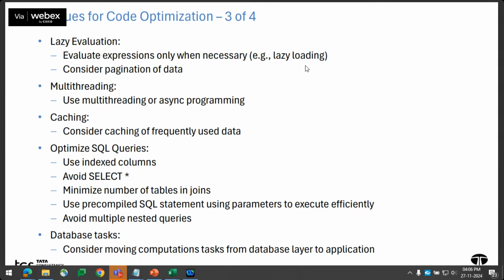So that each component can be scaled separately, and only the heavily used components are scaled, and we don't need to scale all the components. That way, we do not need too much infrastructure for all of the components.